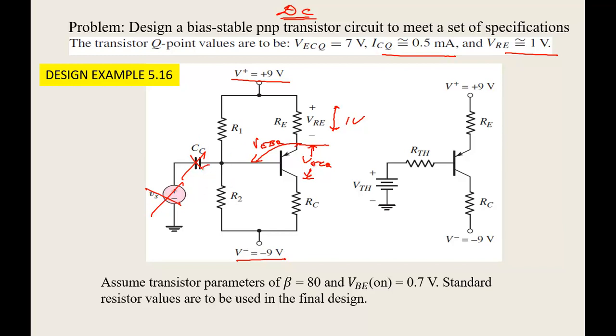Now we need to find out VTH from this point to the ground. In this case it is not across R2, it's between this point and the ground point.